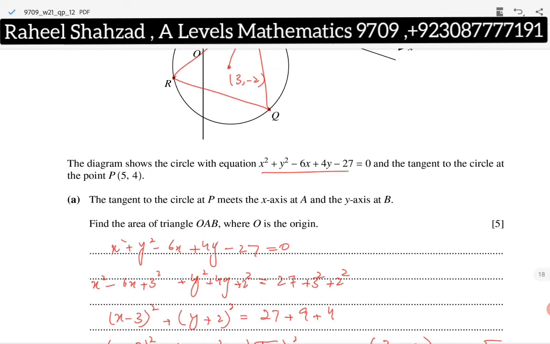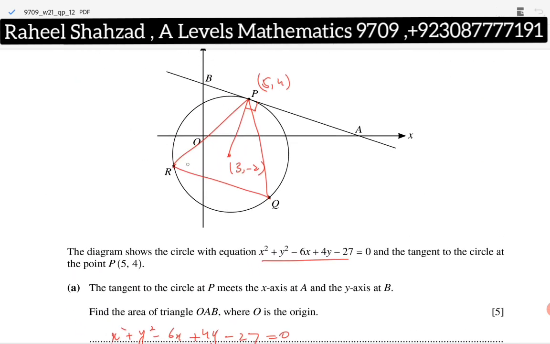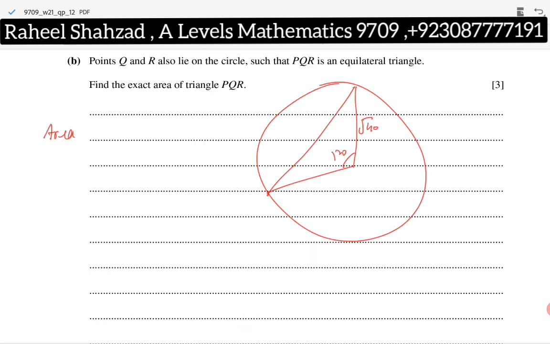If this is an equilateral triangle, then obviously every angle is 60 degrees. Okay, since we know that this is an equilateral triangle with radius under root 40, so area is equal to 1 by 2 into a into b into sine of theta, right? So it's 1 by 2 into 40 into sine of 120.